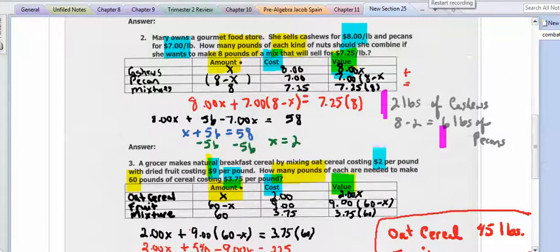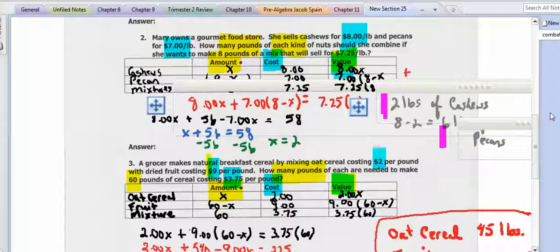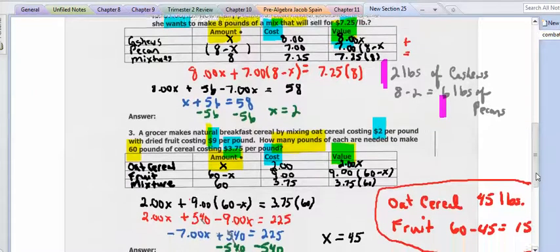Now, if you pause it, try the other 4, and then fast forward this and see if you got the right answers. So I'm just going to keep going with this, but you should stop it and do the homework, or if you've already done it, fast forward and see if you got the right answers.